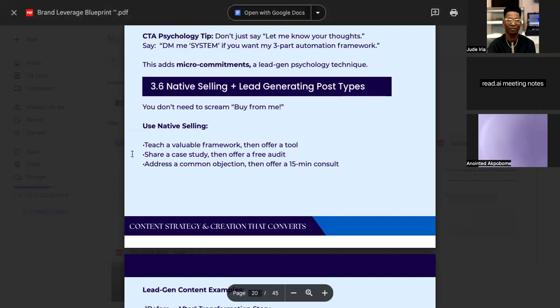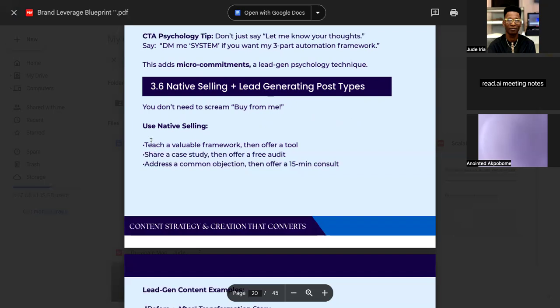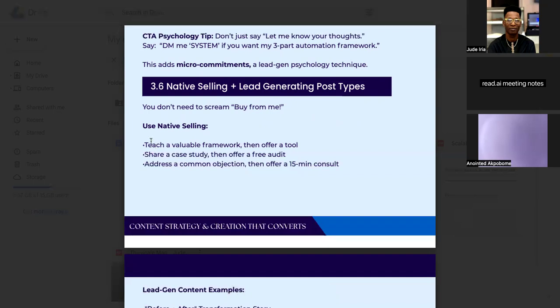Now, when you are teaching a valuable framework and then offering a tool, that is one aspect. In native selling, there are different types of selling. The second one relates more to sharing a case study. So most times when talking to someone, I definitely want to help them understand what happened.